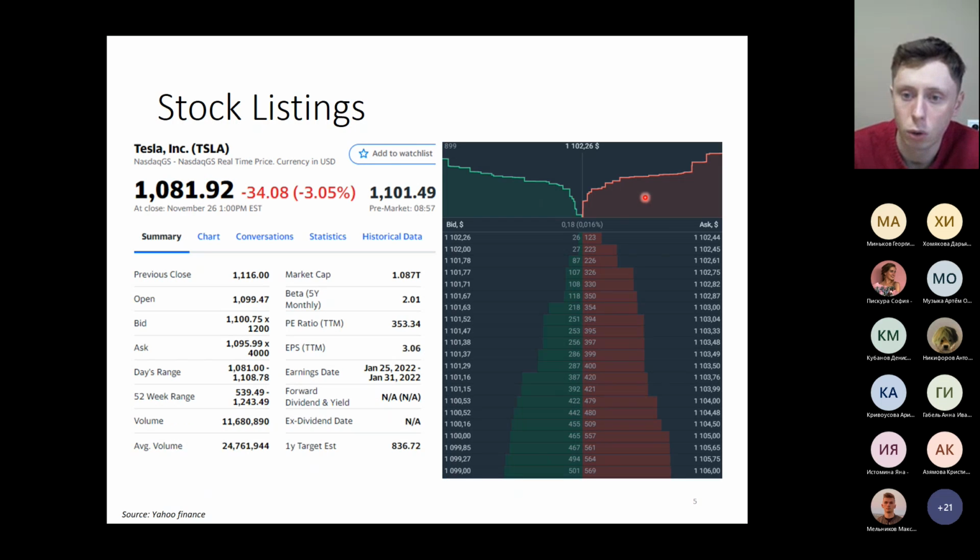So if we look at this picture, if we would send the market order to buy the stock, at which price would we buy it? If we send the market order to buy the Tesla stock, at the best price available, how much would we pay? Can you tell us? The lowest price? No, look at the slide and tell.